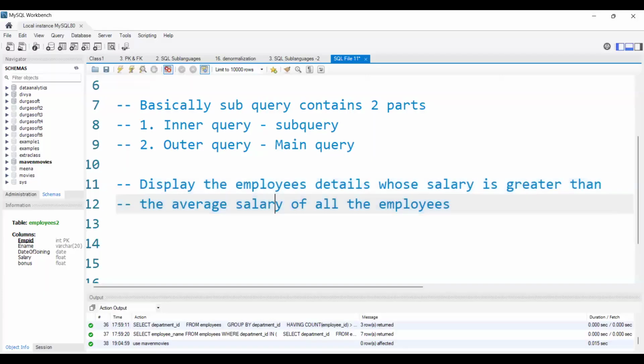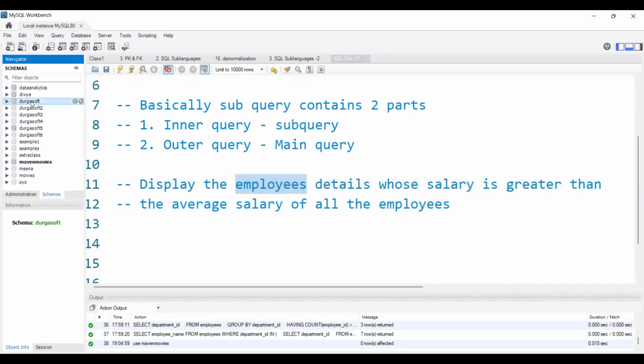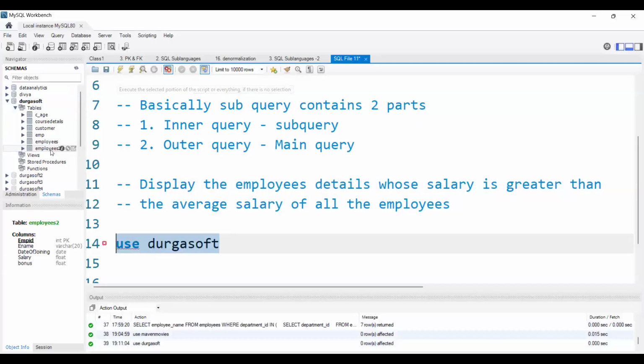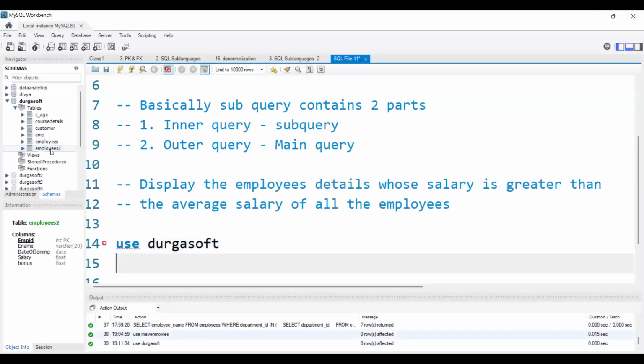So this is my question. We need to display the employee details. We have an employee table in Durgasoft. Let me first activate the Durgasoft database. I have the employees2 table here.